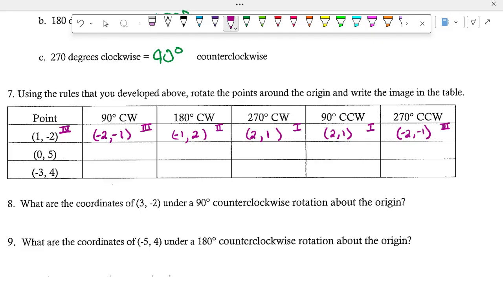So what I want you guys to do is fill in the rest of this table. Take a minute, fill in the rest of this table.